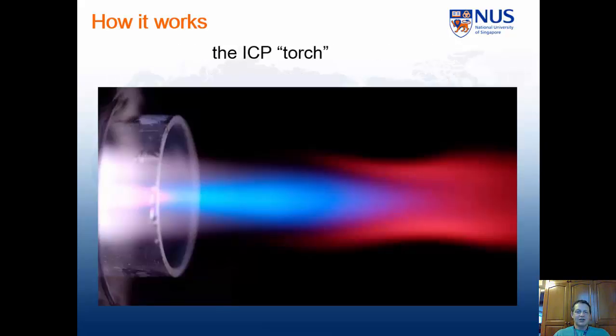Staying with the torch for a moment, this is a picture of the ICP torch, and you can see why it's tempting to call it a flame.